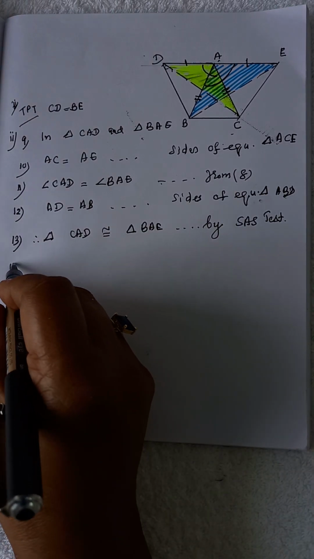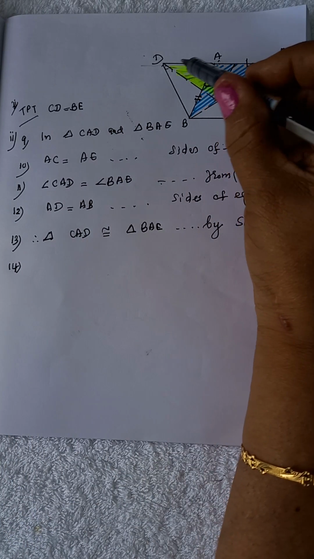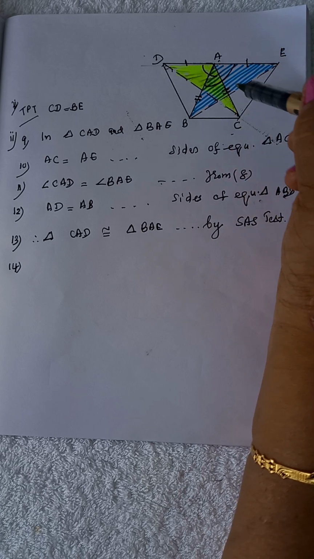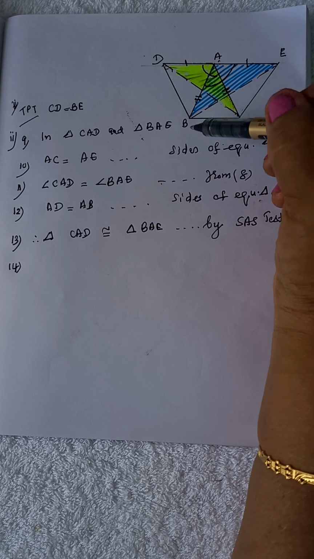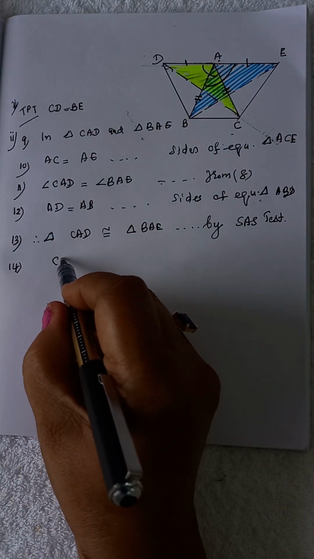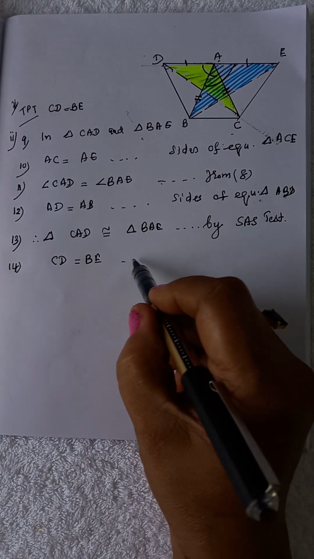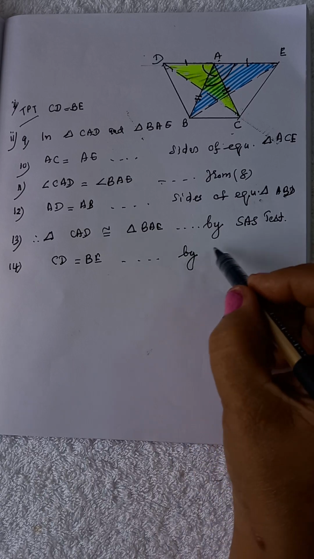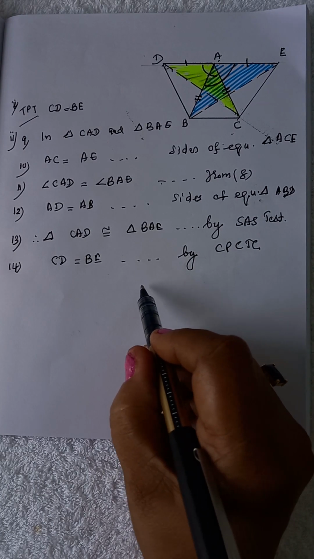So as the fourteenth point, CD and BE are corresponding parts of these triangles CAD and BAE. So we can write CD is equal to BE. What is the reason? By CPCTC. So we have proved the second part of the question.